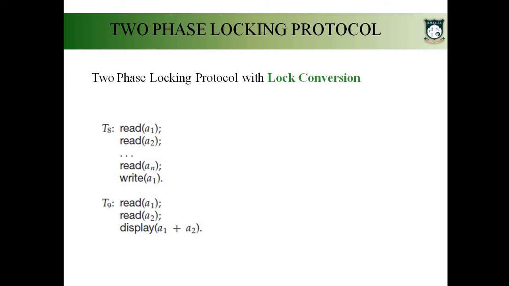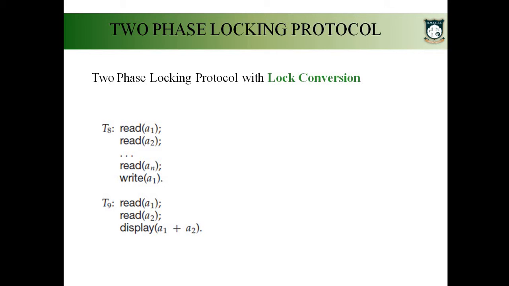You have a transaction with 100 instructions, and you are dealing with the data item A. The transaction is reading the value of A and using it for the first 90 instructions, and only at the end, maybe in the 95th or 96th line, it is writing A. If this is the case, then when you follow the two-phase locking protocol, what will we be doing?